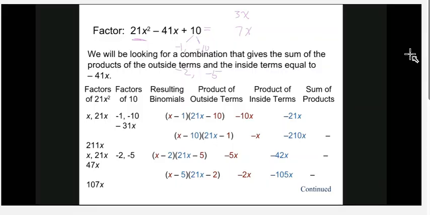And I can write down these two numbers in this case. I can write down -1 in here, -10 in here, and then cross multiply. 3 times this -10, I got -30x, plus 7 times this one, I got -7x, and this is -37x, so it didn't come out right. So this is not a right one, okay?